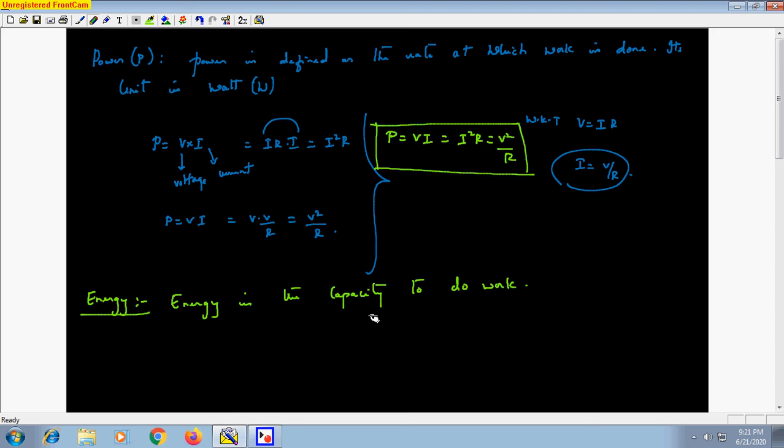Energy is of two types, one is potential and kinetic. But what does that mean? It is the capacity to do work. If you do work, you say that is how much energy you are spending, that much amount of work can be perceived. That is the meaning of that. So now it is equal to total work done. Whatever work we are doing in a particular time, that is important.